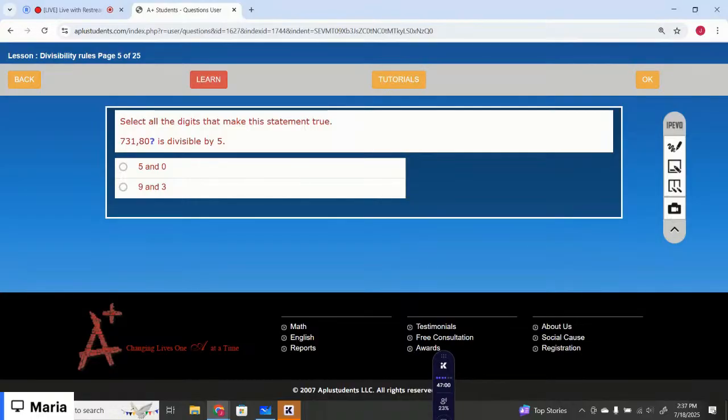Select all the digits that make the statement true. So which is the correct option? That would be 5 and 0. Option number 1 is the correct option.